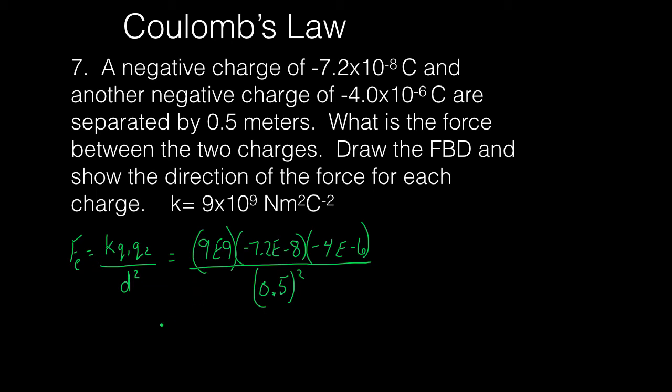Okay, my calculator has given me that the force between these two charges is 0.01. If we round it to, let's see, 0.4. And that will be in newtons. And so that's the force that exists between these two charges.